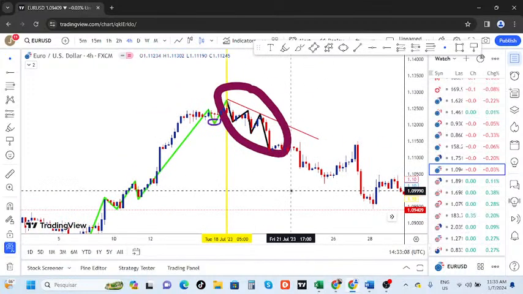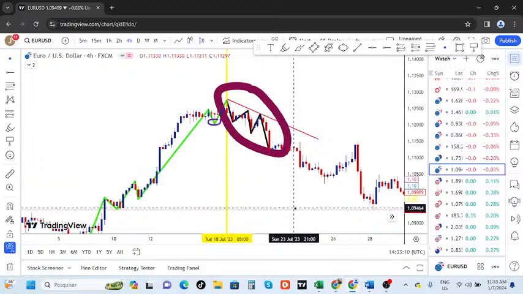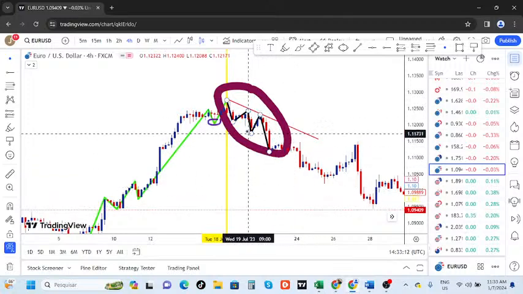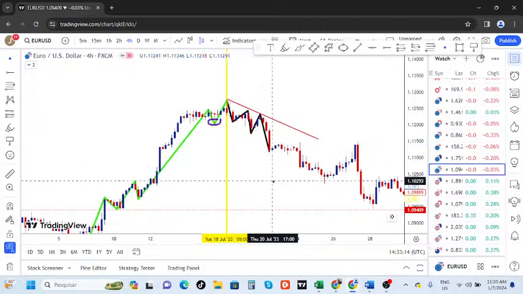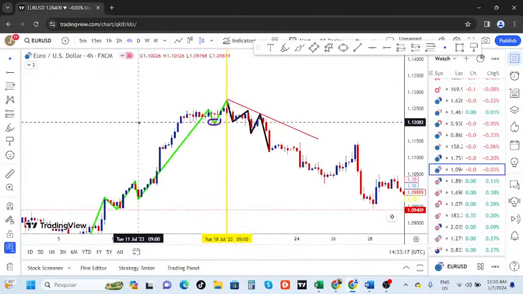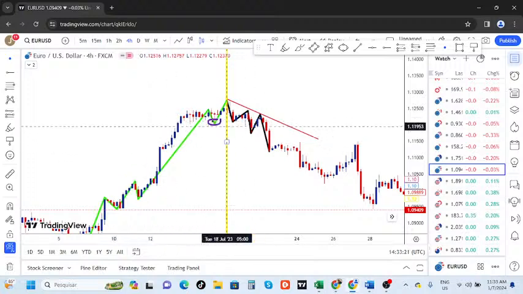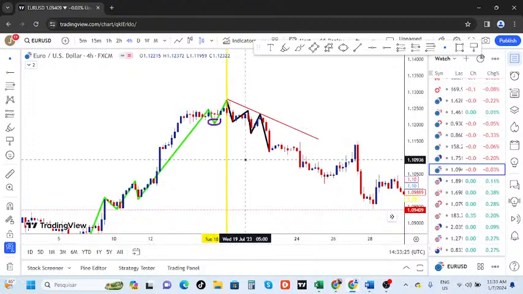Is that the only reason why we should short this market? In my own opinion, this shouldn't be the only reason. If, for example, the 4-hour time frame is our trading time frame, this is not supposed to be the only reason why we should be shorting the market.